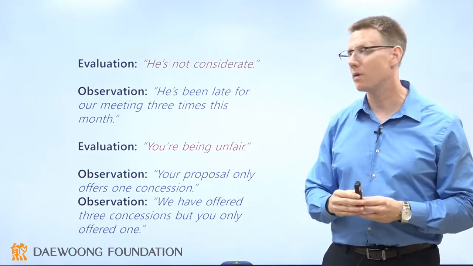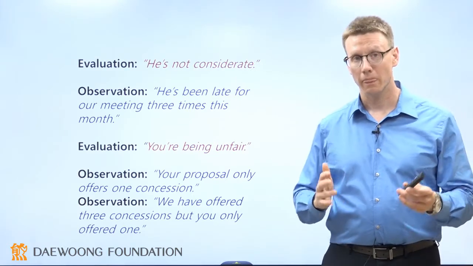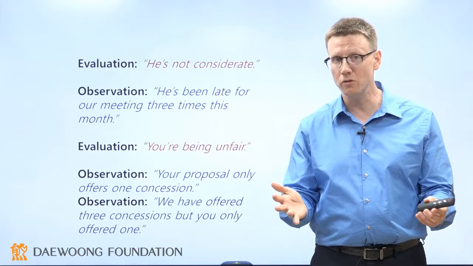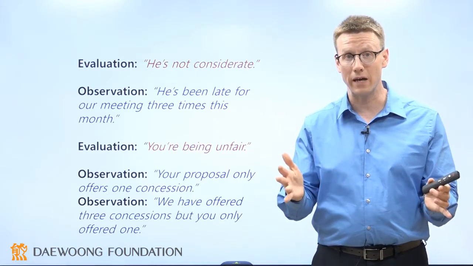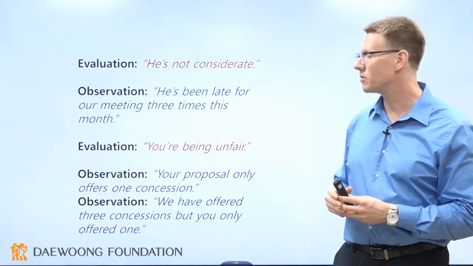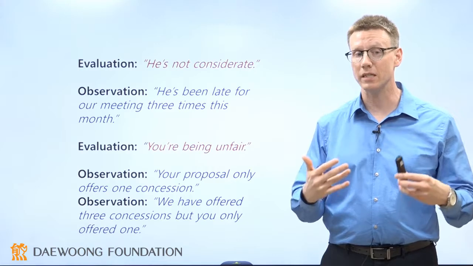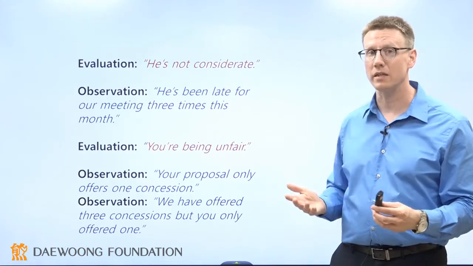But the observation might be, he's been late for our meeting 3 times this month. That's a fact. I'm not judging you, I'm not saying you're a bad person because of that. I'm just stating that this is the fact and this is what happened. This sentence, the second one, the observation, is much more useful because it contains actual factual information. The first sentence is not that helpful.